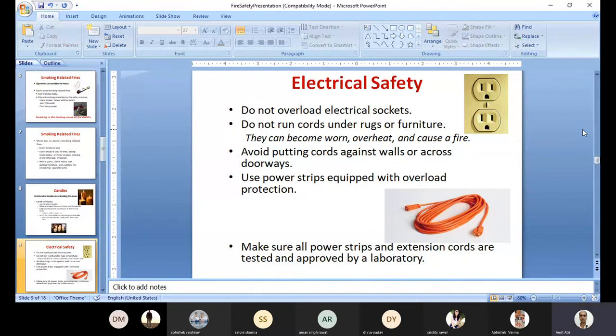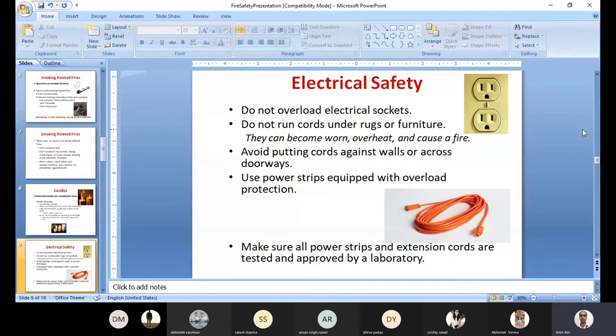Another thing: avoid putting cords against walls or across doorways. A proper wiring system is placed to avoid these situations. Use power strips equipped with overload protection, like extension cords, where we place a fuse.